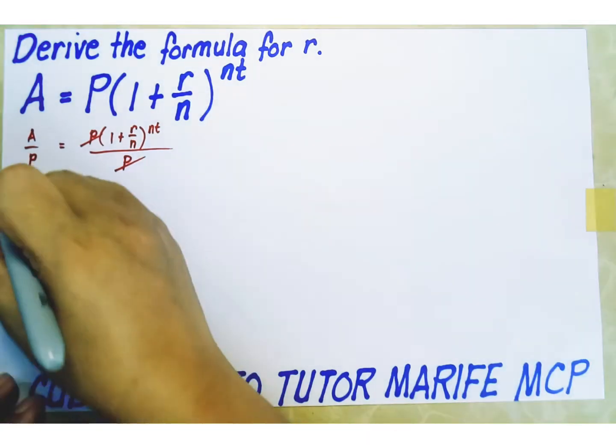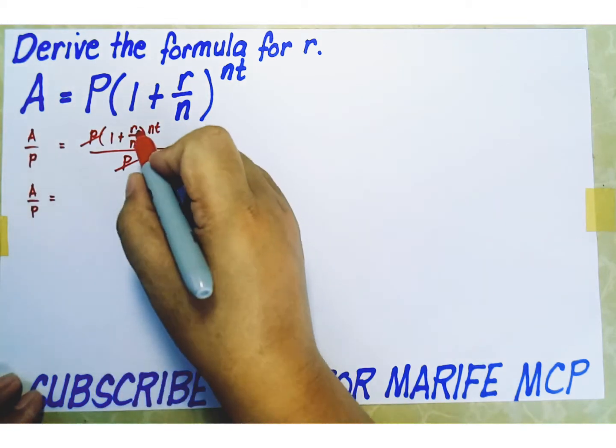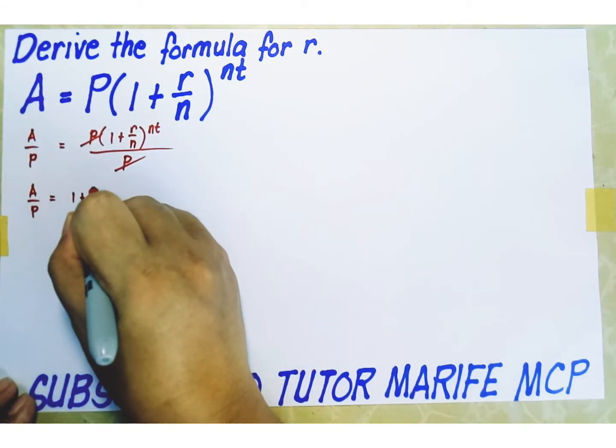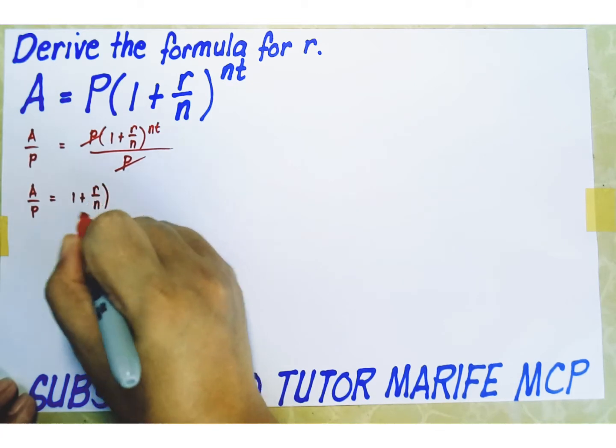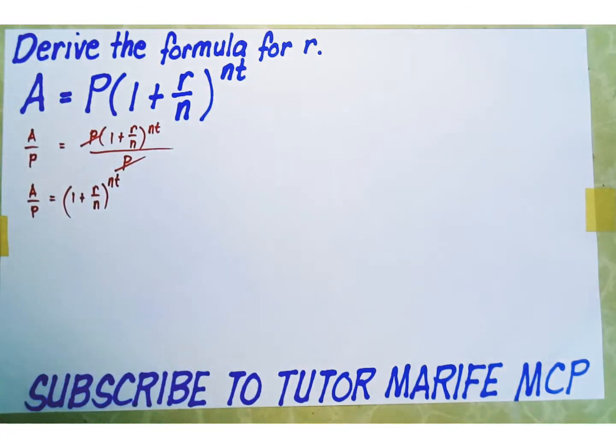Okay, so the right side becomes the exponential expression, 1 plus R divided by N raised to the exponent N times T.